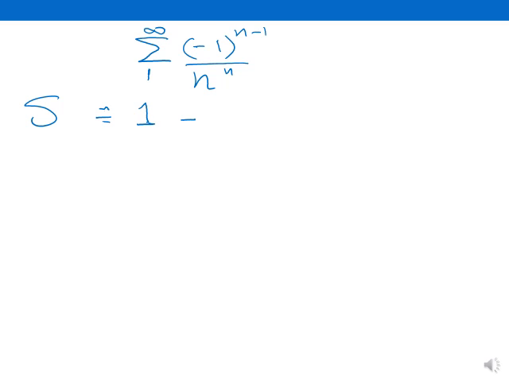Now in the second part of the problem, we need to find the sum of this series accurate to 3 decimal digits. To have a feeling of how many terms I am going to add up to obtain this accuracy, I'll write the sum using the first few terms of the series. Plugging in 1, I have a 1; plugging in 2, I have negative 1 over 2 squared, and so on.